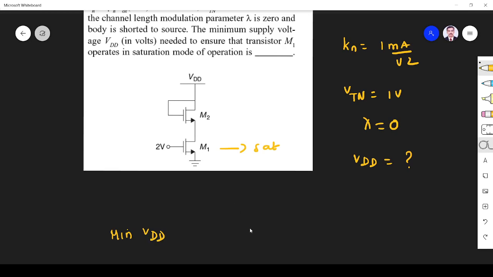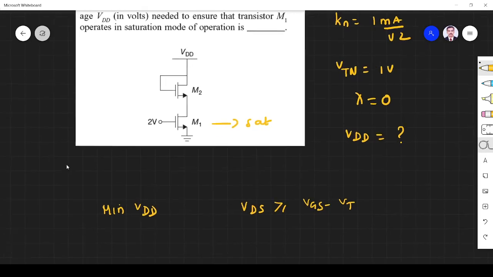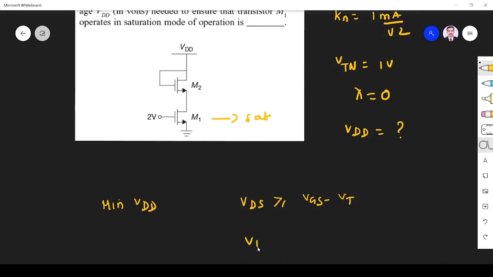For saturation, the condition is, we know, VDS is greater than or equal to VGS minus VT. So for M1, we want to find the minimum VDD, so the minimum condition is equal. So VDS1, this is transistor 1, so I put VDS1, is equal to VGS1 minus VT.